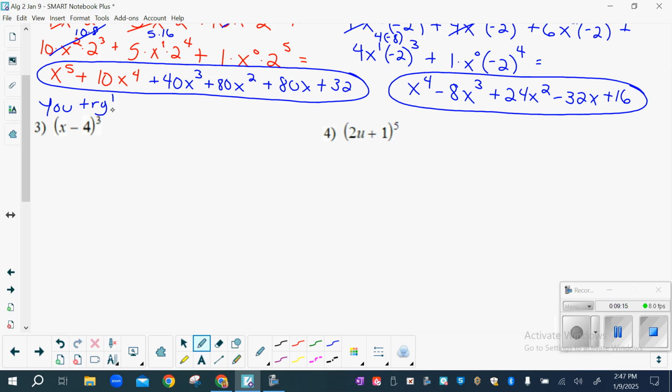Third row, and then one. The answer is you.